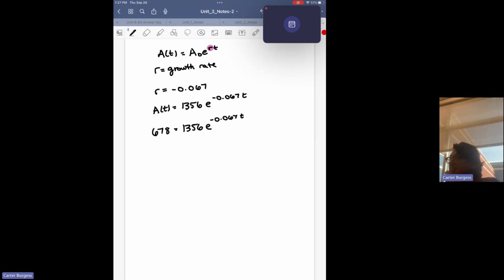Solving this for t, what do I need to do in order to solve this? Before I can start isolating the t, I first need to divide, get the e to the power by itself. I get that 1/2 is equal to e to the negative 0.067 times t. And what could I do from here to solve for t? We have a couple of different ways to move forward from here.